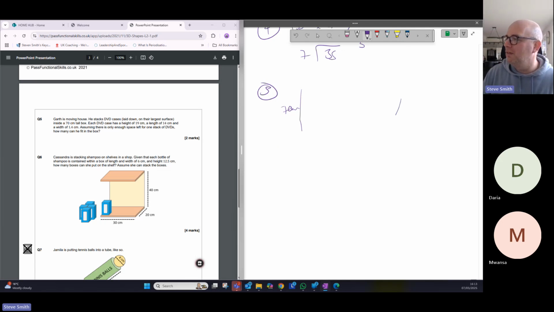Okay, so DVD 19. Right, so Gareth stacks the cases laid down on their largest surface, so flat like that. Each DVD case has a height of 19 centimeters, length of 14, and a width. So they've done their measurements a little bit different, haven't they?